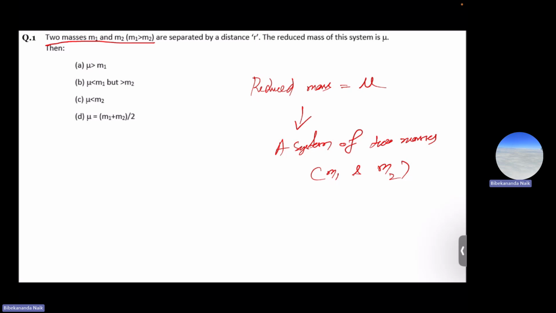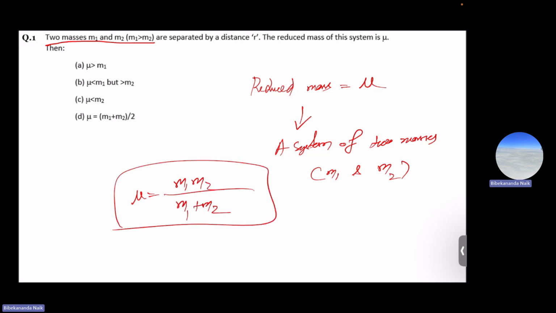There also we used the concept of reduced mass, so that instead of solving different equations of motion for different masses, like for the proton and for the electron, we converted the whole system into a single mass, the reduced mass mu. The formula for reduced mass is mu equals m1 m2 divided by m1 plus m2.